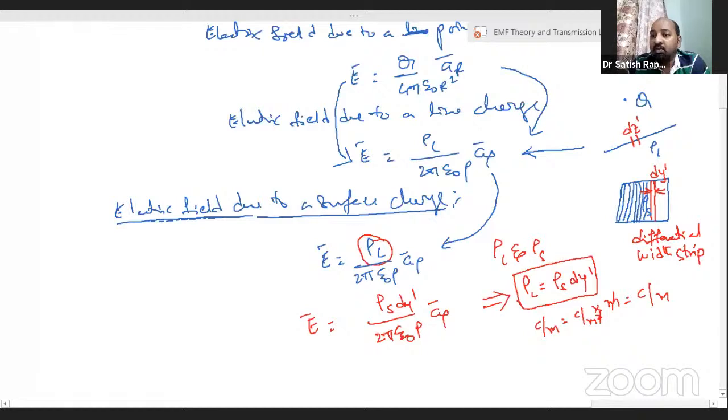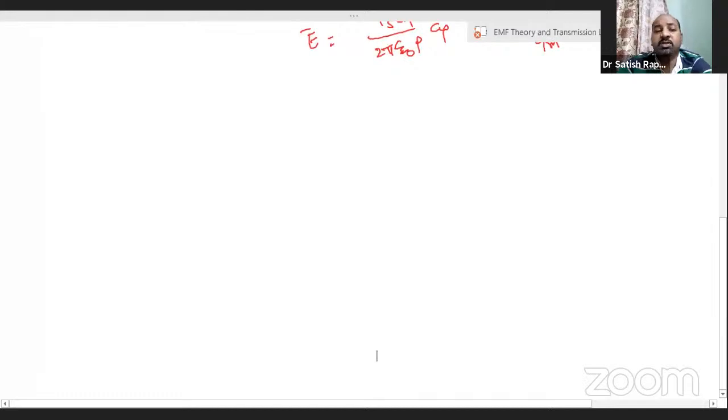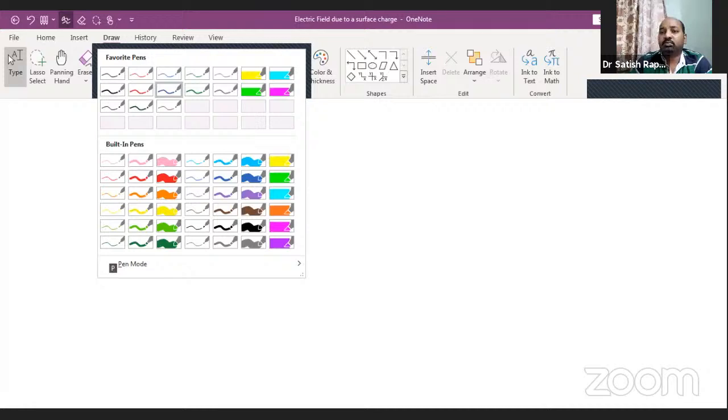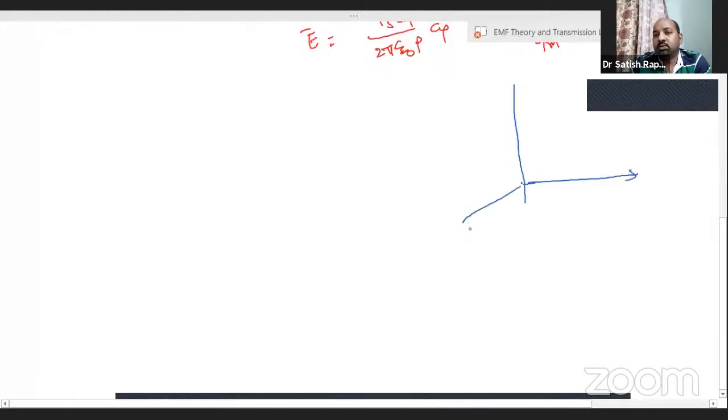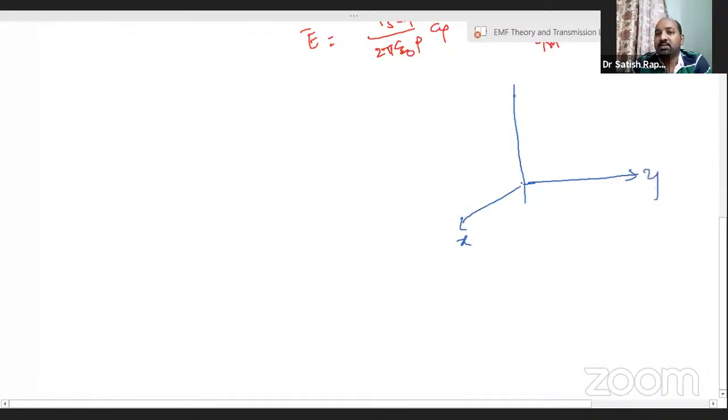Now let me also discuss the initial things here. This is the x-axis, y-axis, and z-axis, and let us consider an infinite surface.